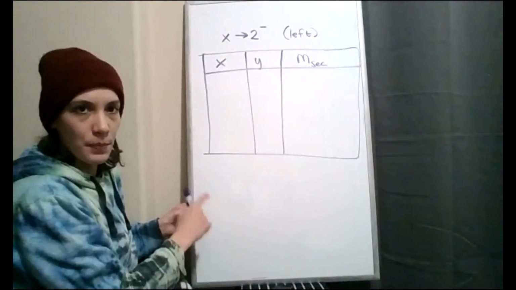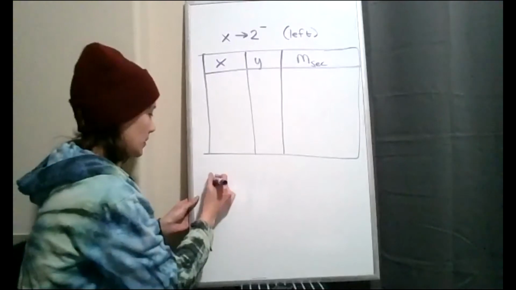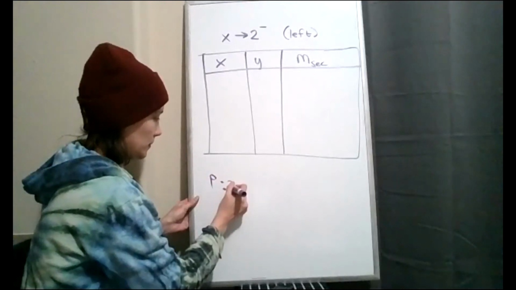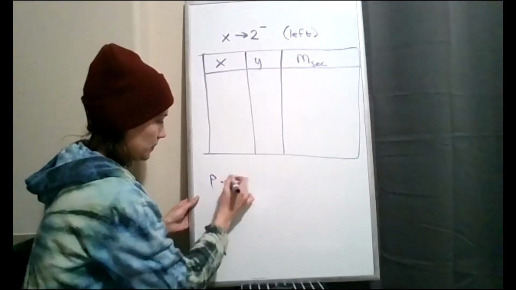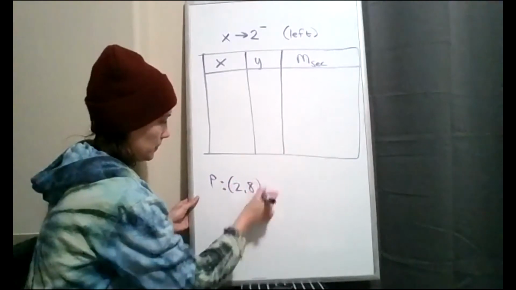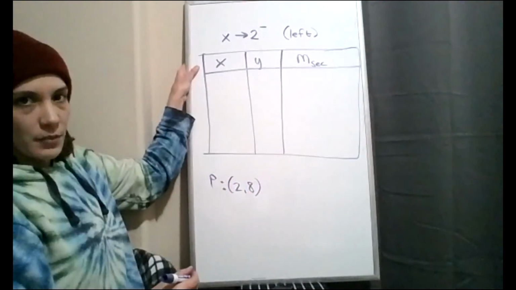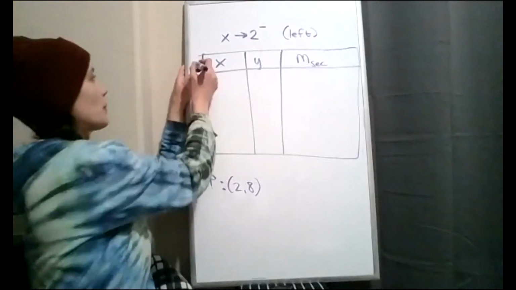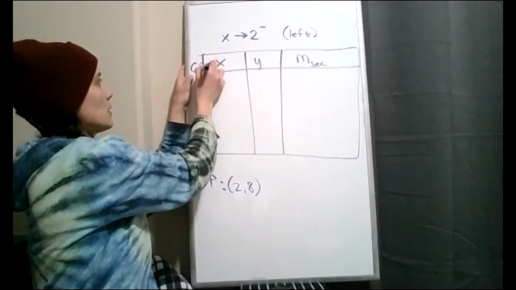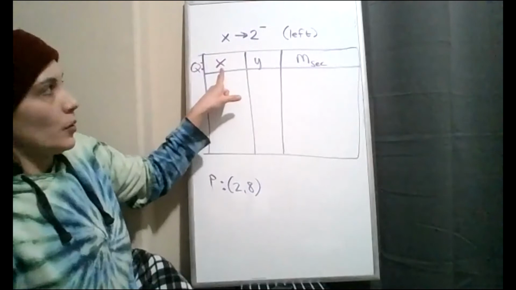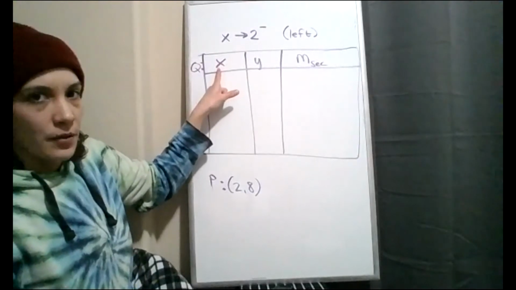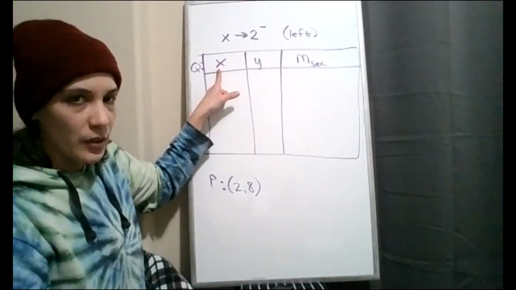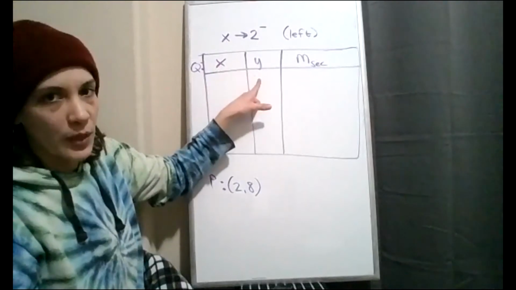So again, P is the point (2, 8). These are going to be points for Q, where I'm going to pick values of Q to have an x value of 1, then we'll find out what the y value is.